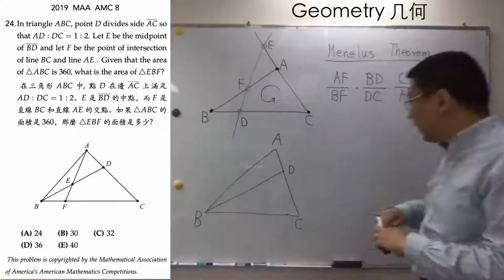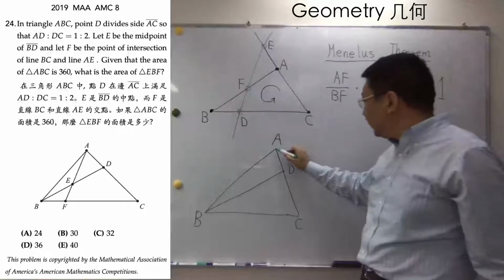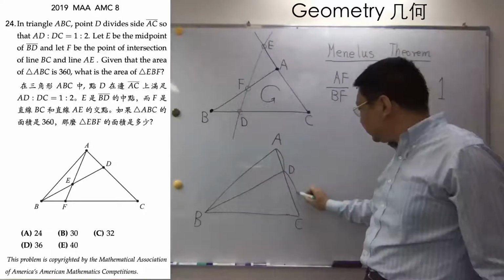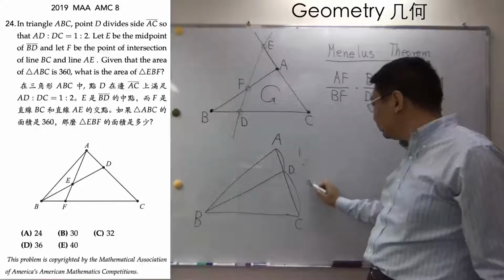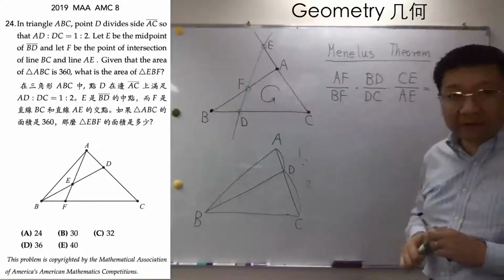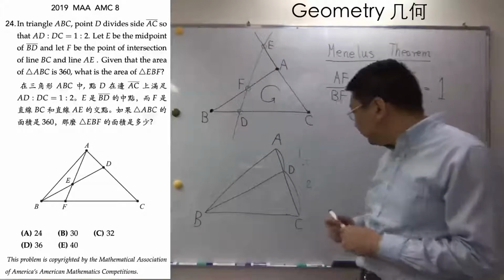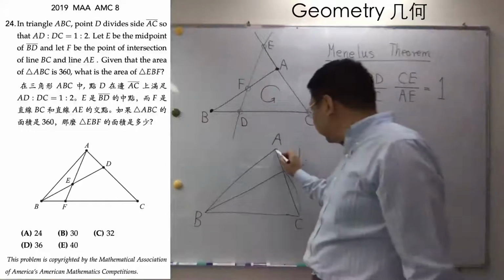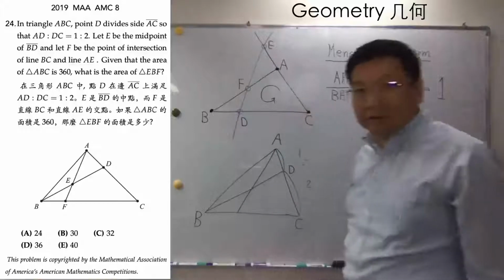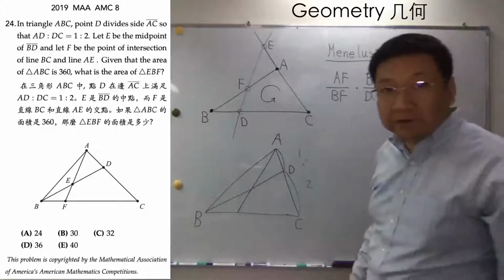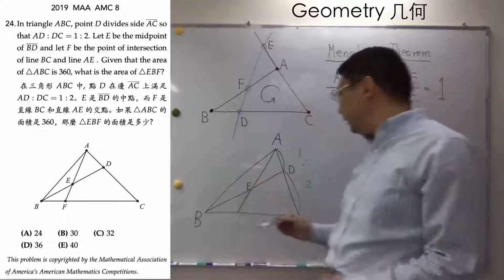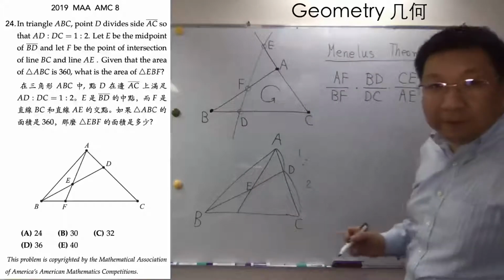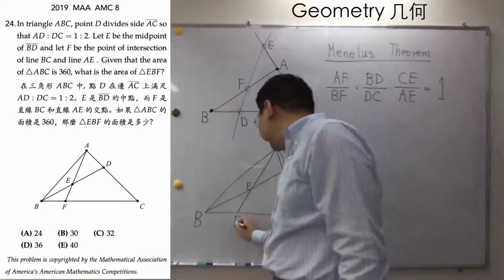I use green color. AD versus DC is 1 to 2, right? Next, we will have another line segment starting from D, where E is the middle point, and that point is named F.